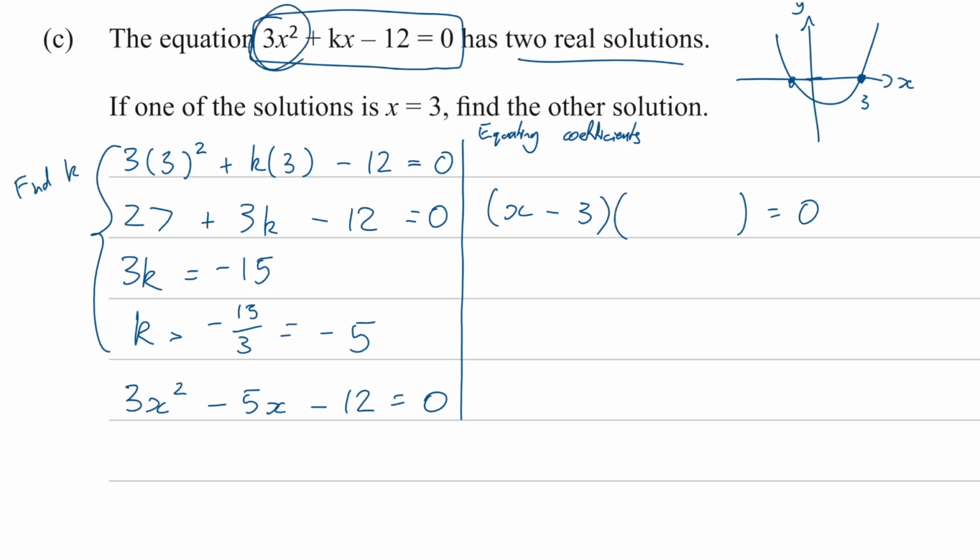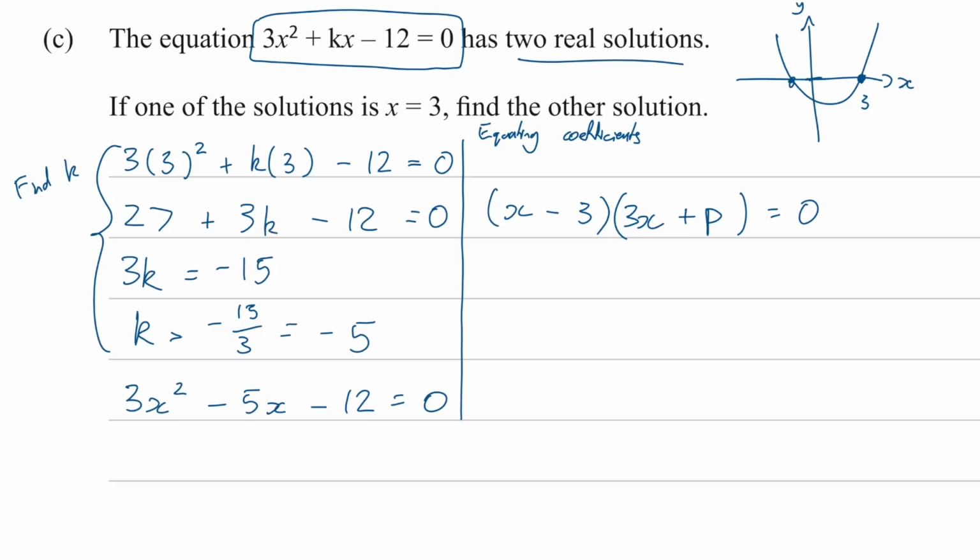So to get 3x squared, this term must be 3x, right? x times 3x is 3x squared. So that works out. However, we don't know what this term will be, right? It's an unknown. That's actually what we're looking for. So let's call that p. P, because that's a problem right now.